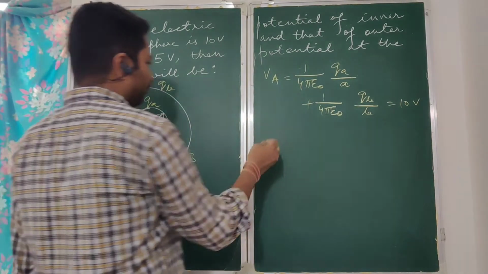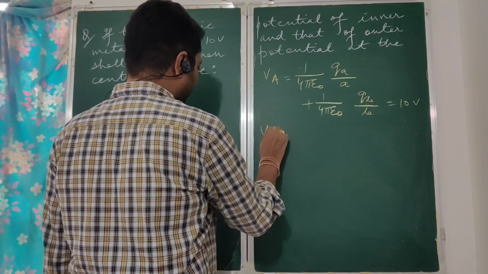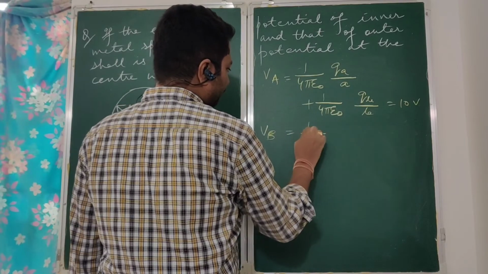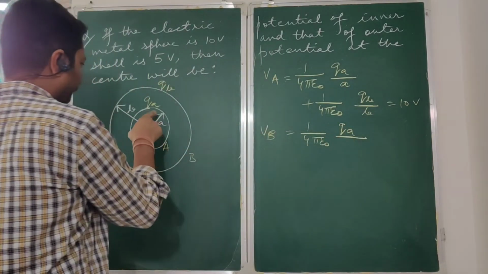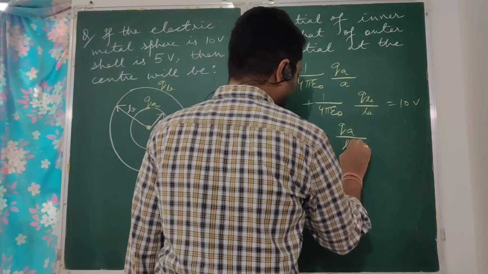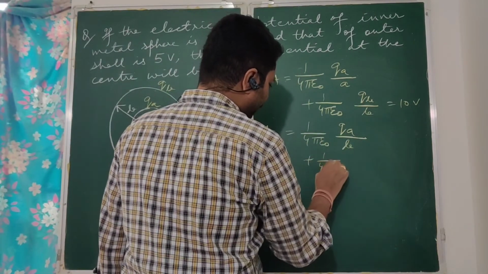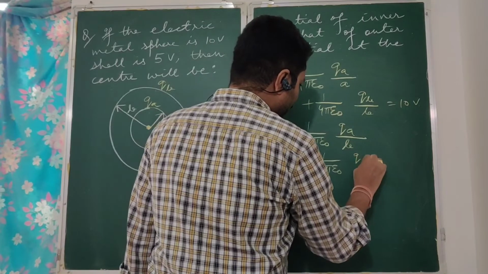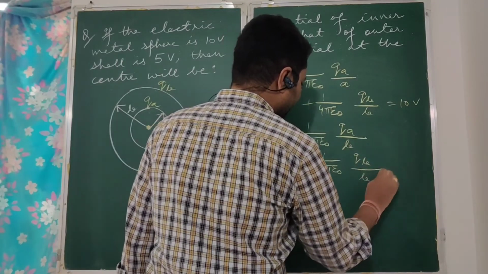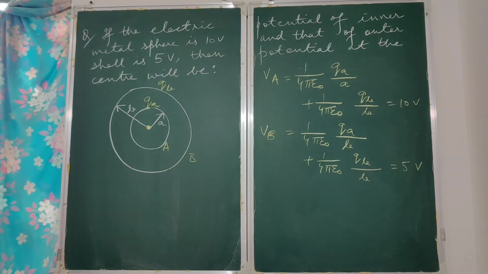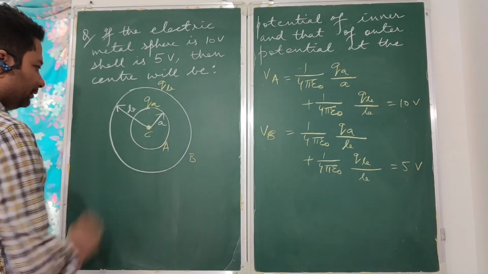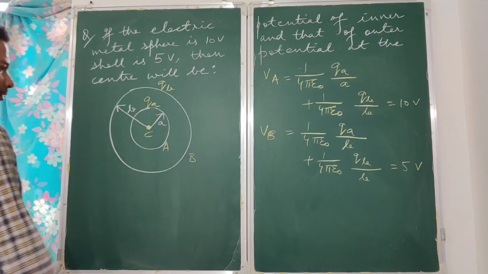And what about the outer sphere at the surface of B? It will be 1 by 4 pi epsilon naught into QA by B plus 1 by 4 pi epsilon naught into QB by B, and this is given as some 5 volt. And they are asking to find potential at the common center.